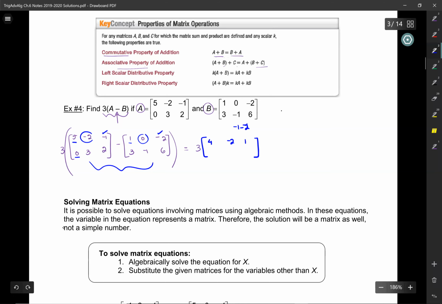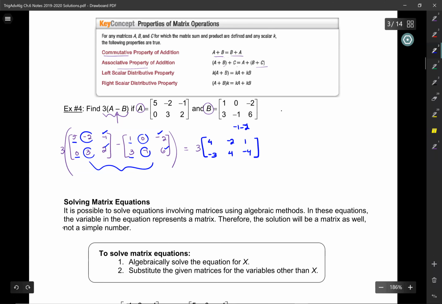Okay. 0 minus 3. 3 minus negative 1 is 4. And then 2 minus 6 is negative 4.